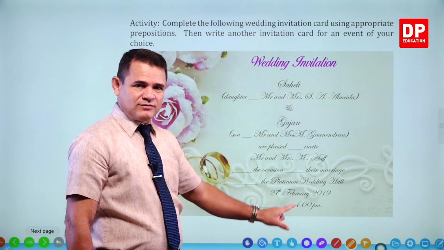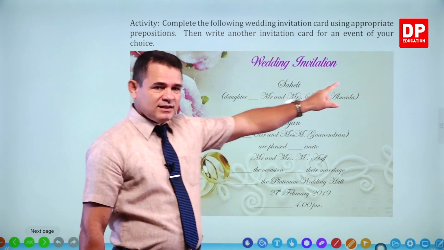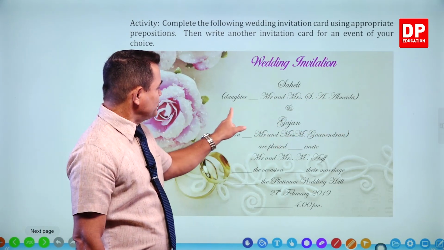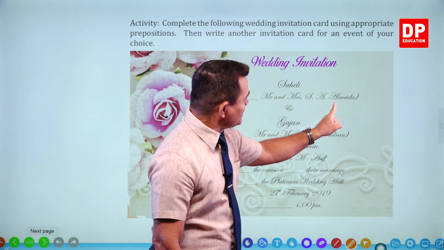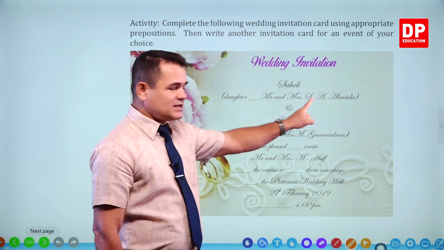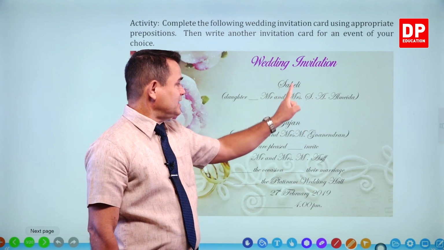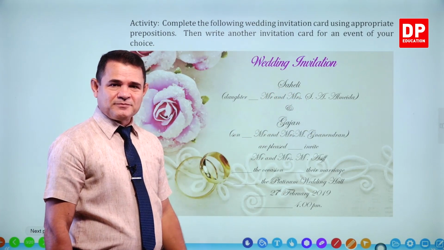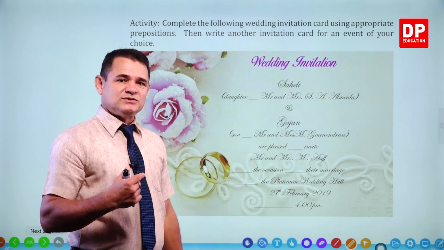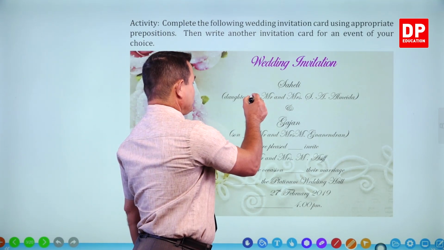See the way of writing. Next within brackets: daughter of Mr. and Mrs. S.A. Now you see Mr. and Mrs., that is mother and father. These are Saheli's parents. Daughter, what is the correct preposition coming? Daughter of.